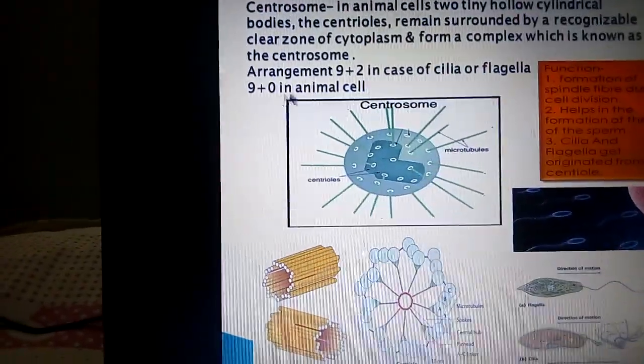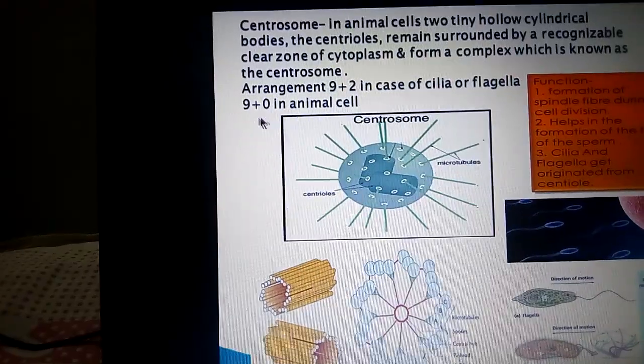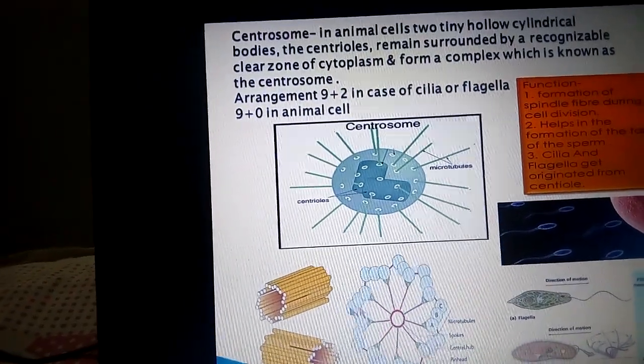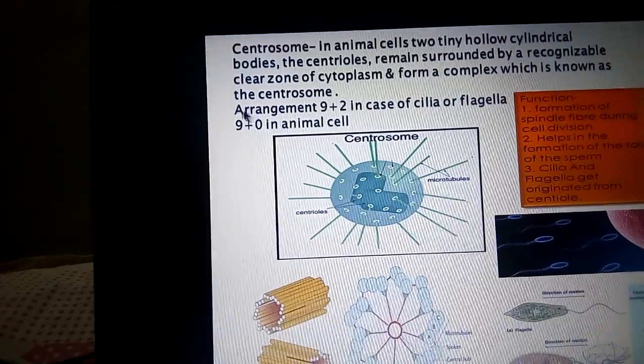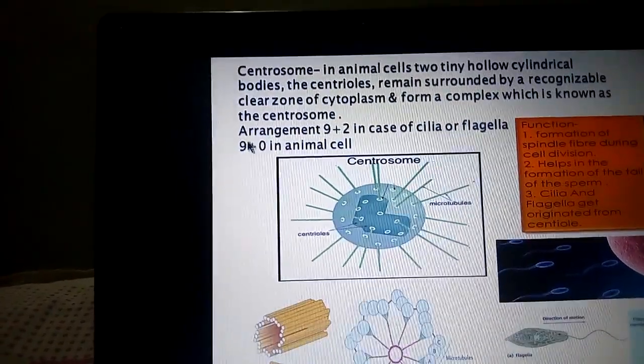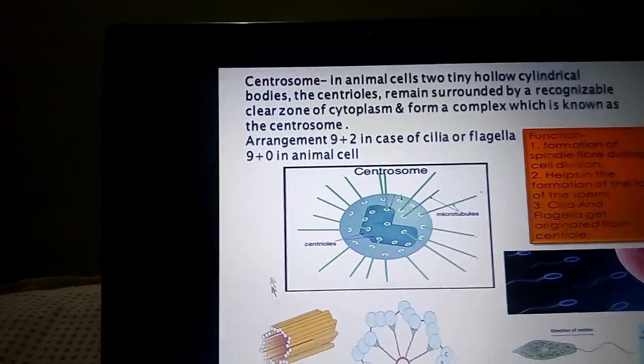So, in the case of animal cell, we find a 9 plus 0 orientation. Why is it 9? 9 means the total number of microtubules.